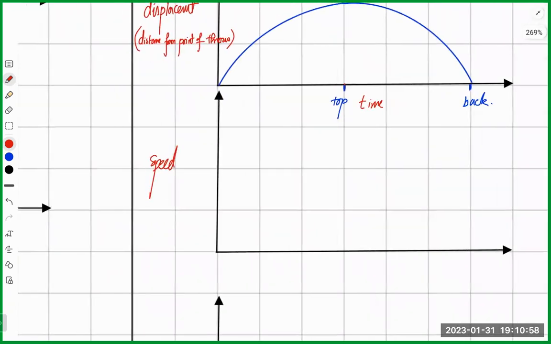Okay, now speed. When the object is going up, the speed of the object is decreasing. And when it is coming down, the speed is increasing again.